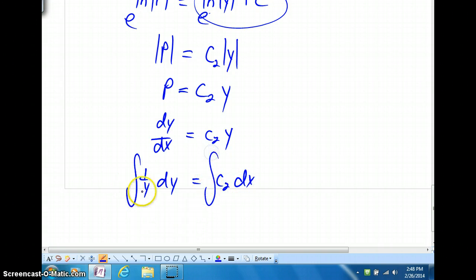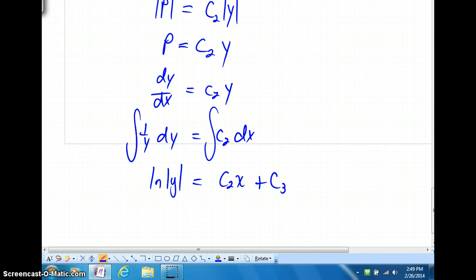Integrate. And this becomes the natural log of the absolute value of y equals c2x plus some new constant. Don't forget that for these problems, guys, you will expect to see two constants. We are so close to wrapping up. Guess what we're going to do now?